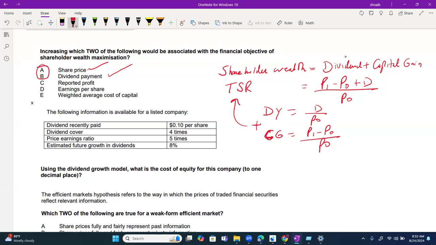The following information is available for a listed company. Dividend recently paid is this. Dividend cover. Dividend cover is dividend divided by... remember the interest cover formula.